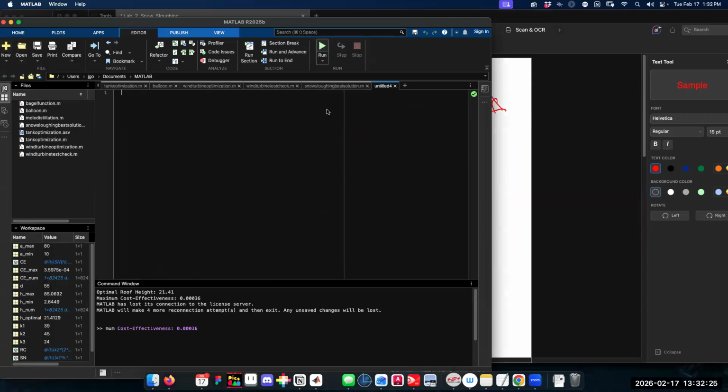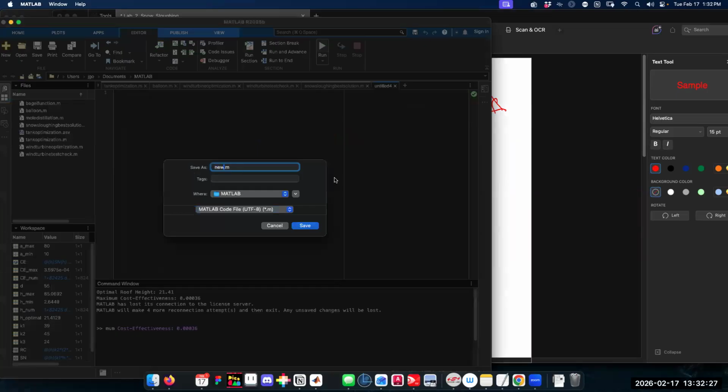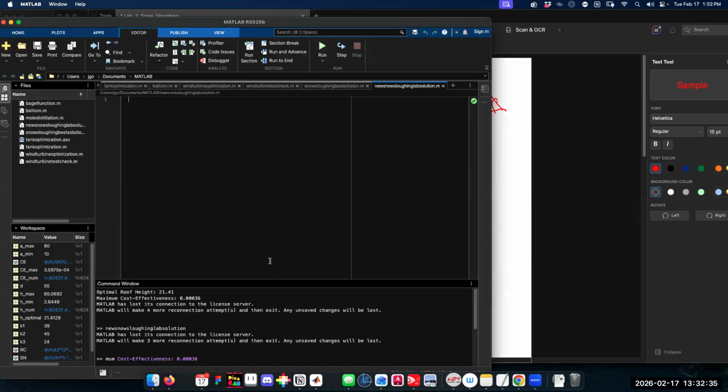And I'm gonna just run the new snow sloughing lab solution. Okay, we start by doing parameters. I'll do a mix of copying and pasting the solution so I don't have to spend time typing everything. So this is declaring all the parameters.